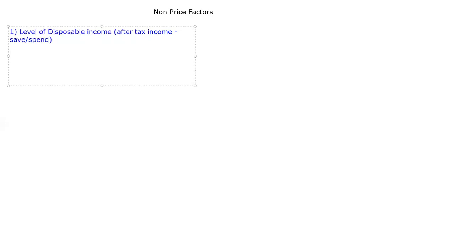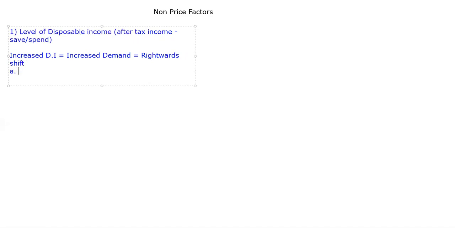So the idea with disposable income, I'm just writing DI to make it simple, is that increased disposable income leads to increased demand, which leads to a rightward shift, and vice versa. How do you get increased disposable income? Through two things.